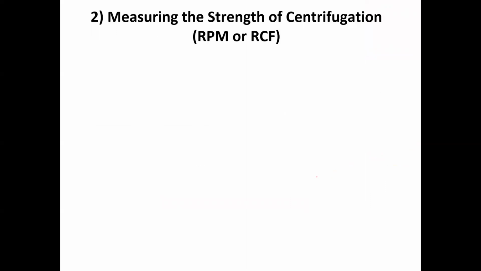Now we can measure the strength of centrifugation via 2 units, RPM or RCF. So let's look at RPM. I'm sure you guys have seen RPM in your car, on the dashboard, and it measures basically the speed of the engine. RPM stands for revolutions per minute, also called rotations per minute or rounds per minute, but most commonly revolutions per minute.